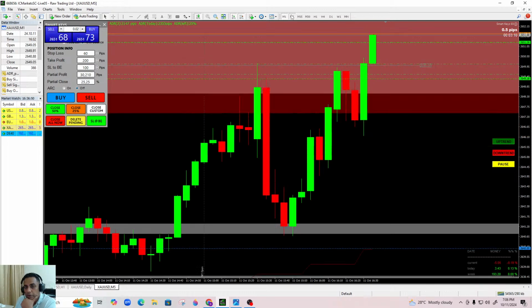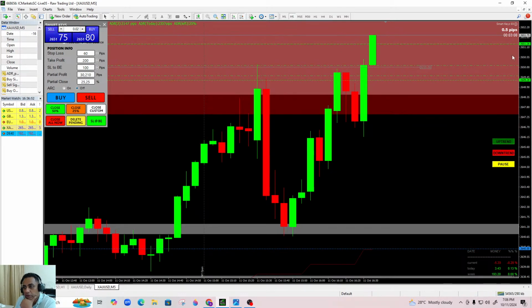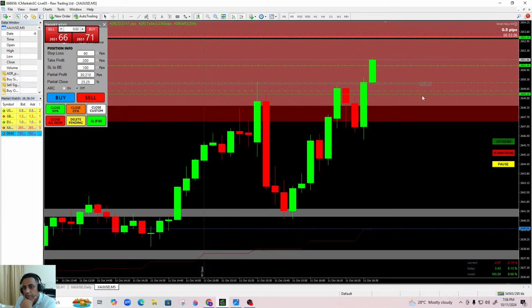Okay, how did the 5-minute candle close? Closed inside. Yeah, 3 minutes for this candle to close.